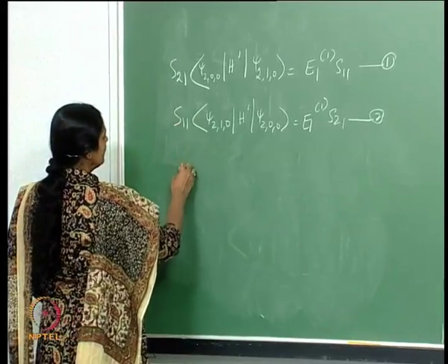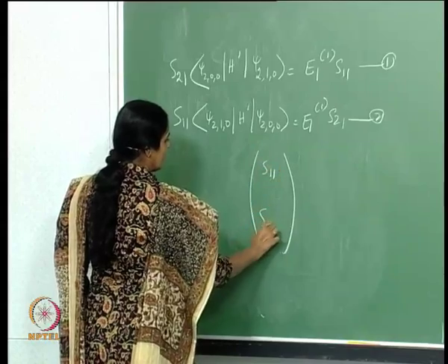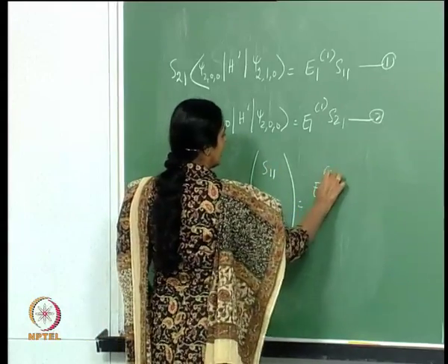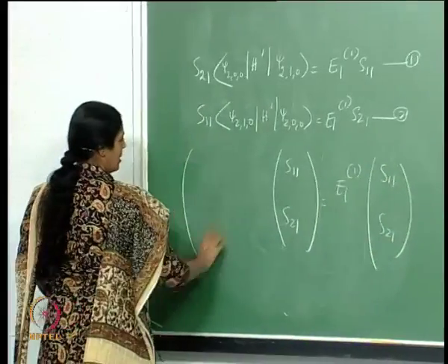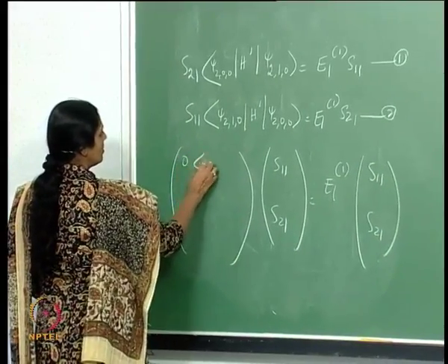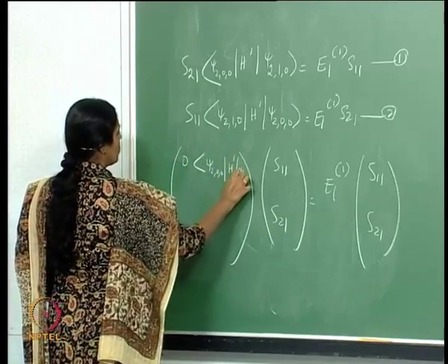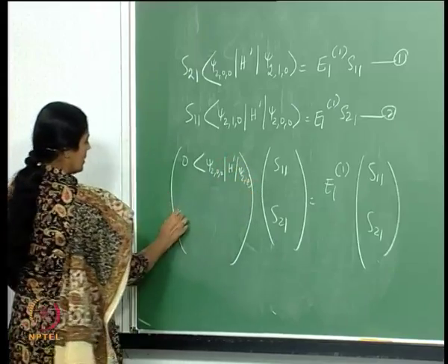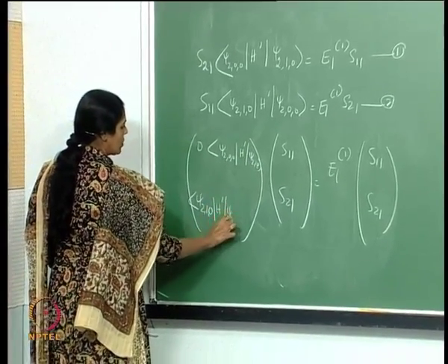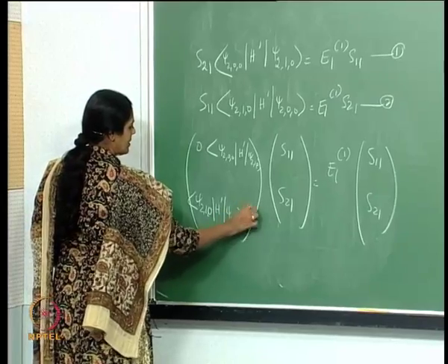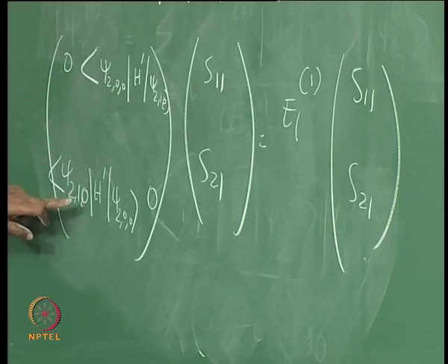What does that tell me? It tells me that if I wrote this as an eigenvalue equation, I have 0, psi 200 H prime psi 210, psi 210 H prime psi 200 here, and 0. These are the matrix elements. There is 0 and then this matrix element.